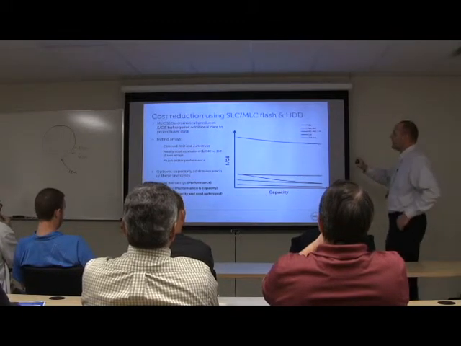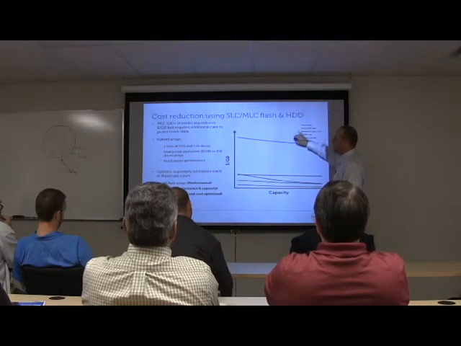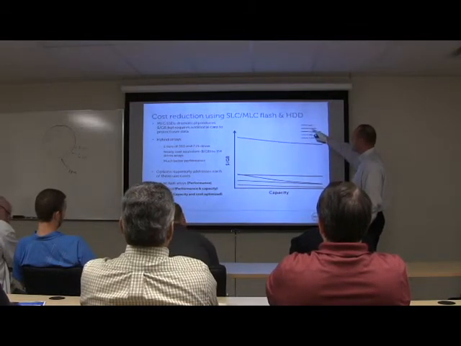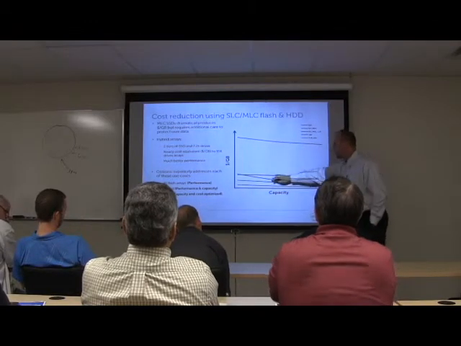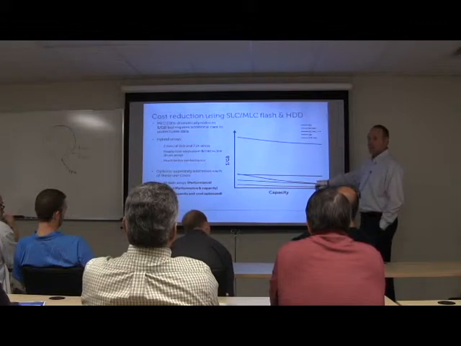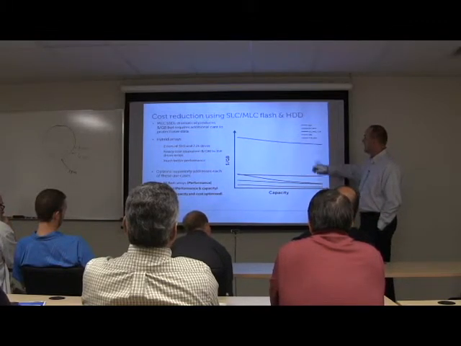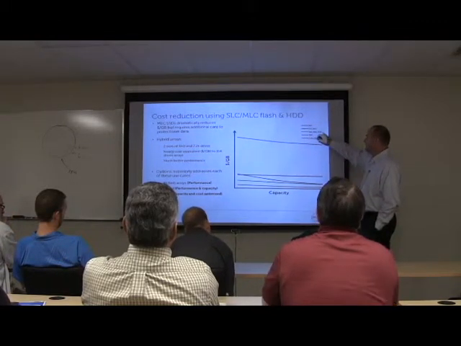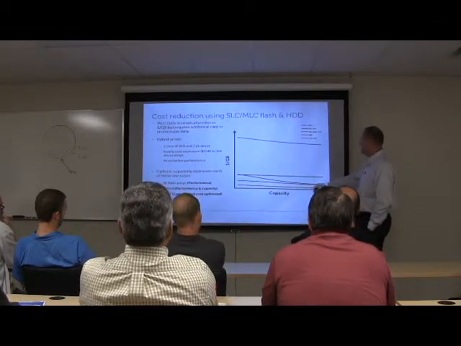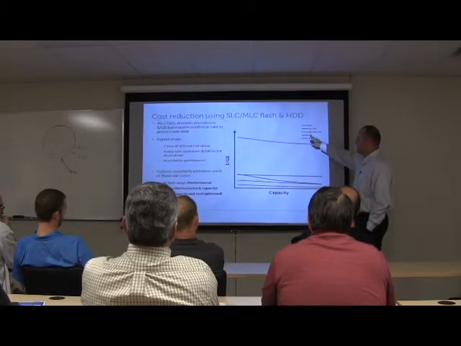Let me go back here. Okay, so SLC alone, this is your cost per gigabyte. SLC and MLC, the red here, drops it down to here. Substantial drop when you add an MLC to the mix. SLC, MLC, and 7.2K, that's this right here. This is 15K only.